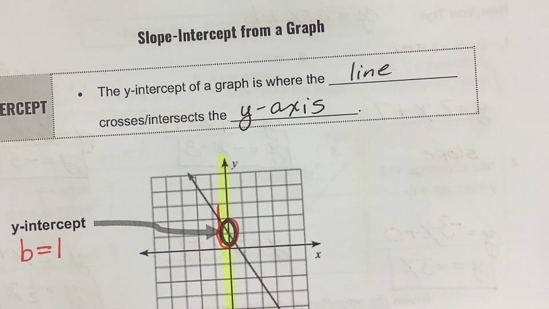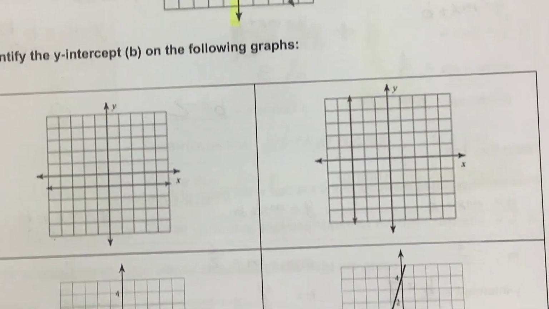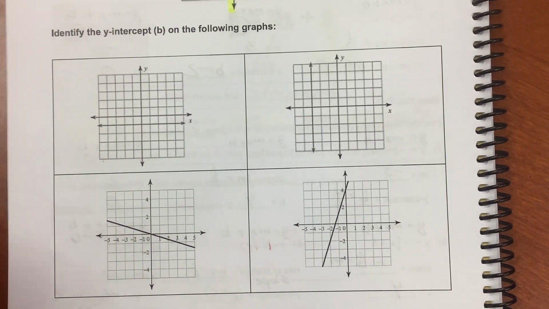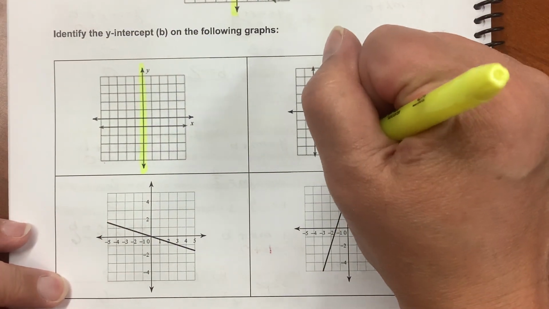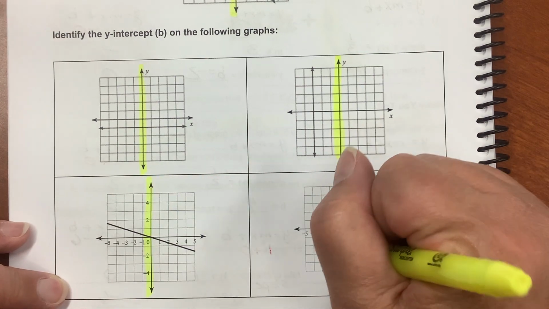So, identify the y-intercepts on the graphs below. That's your job. Let's highlight all those y-axes, and you find where they intercept. Here's the y, here's the y, and here's my y.